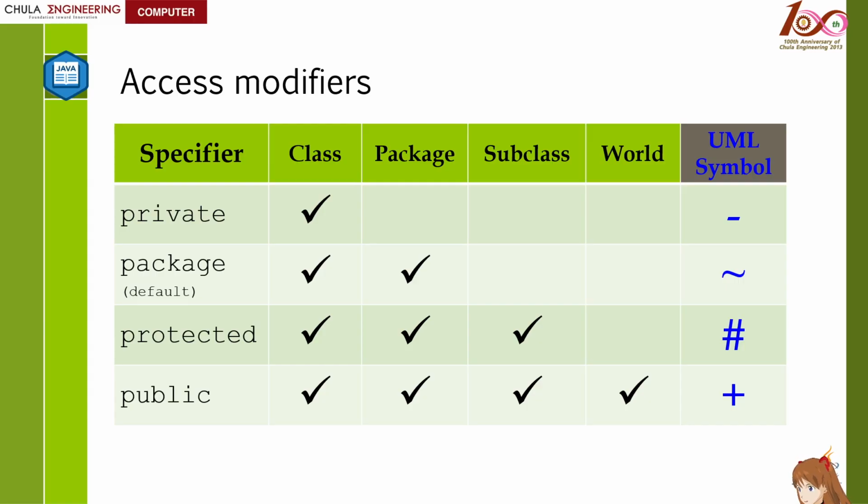Or your variables. Let's say you do not specify any access modifier for your variable. It will be seen in the class that defines it, and other classes in the same package will be able to see it.